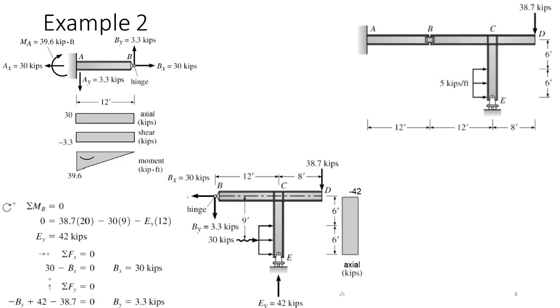Then if we look at member BCD, we will see that if I take a section between B and C, I will always see the tension force, the 30 kips. However, if I take a section between C and D and look right, I will see nothing. So the axial force between C and D is zero.